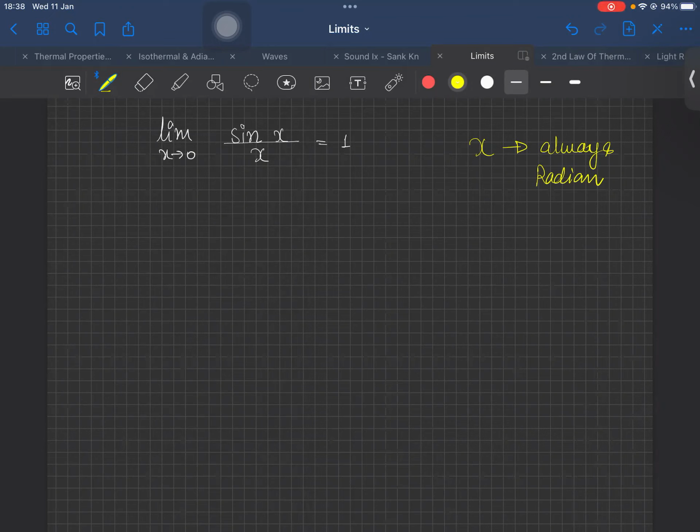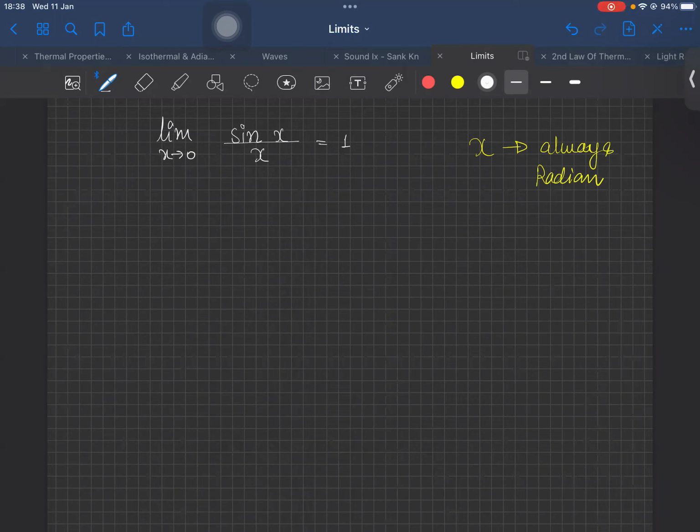Now how come x is in radian here? Because this x is a real number, and we know radian measurement is real number measurement. Radian means real number measurement. That's why we do not use degree.